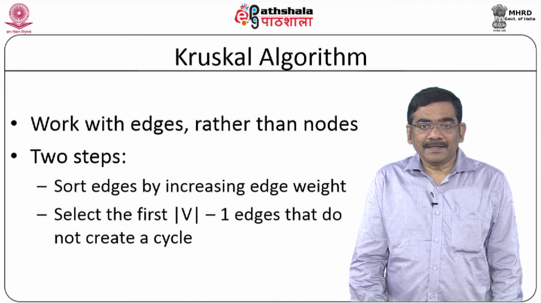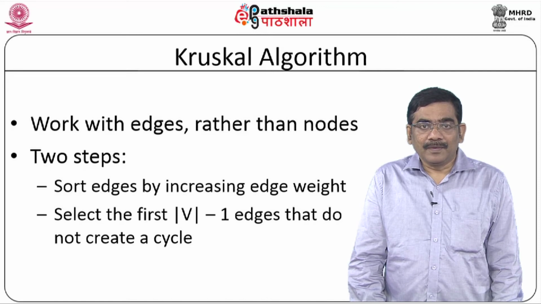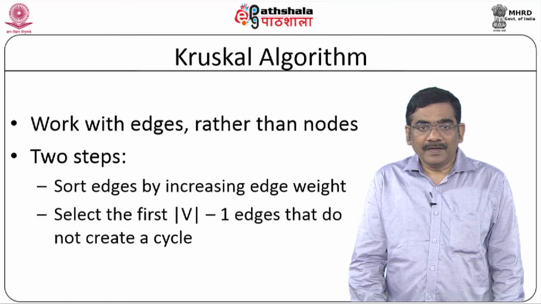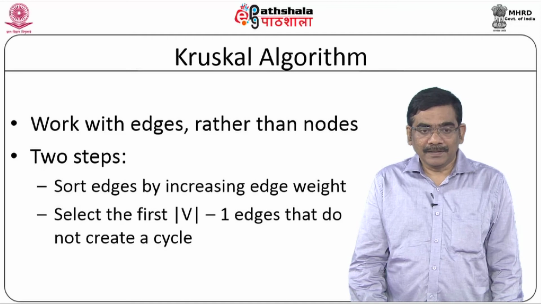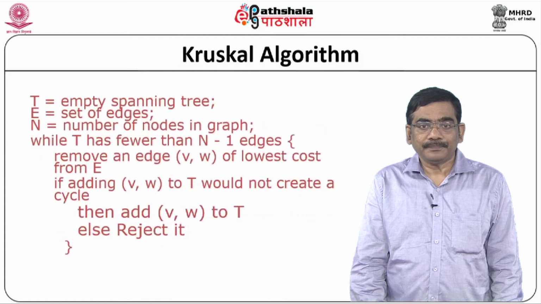Then we select the first mod V minus 1 edges that do not create any cycle. This is the informal algorithm.